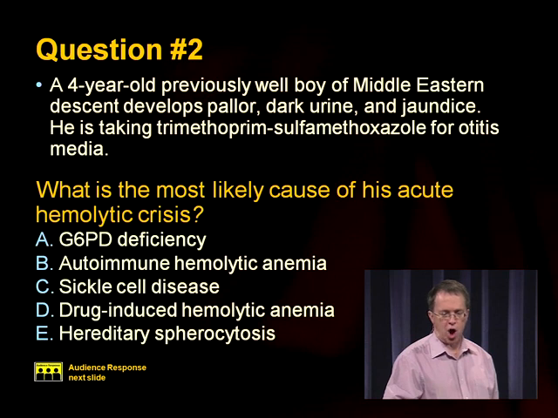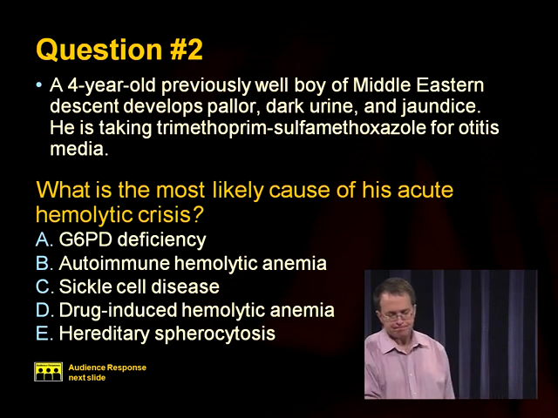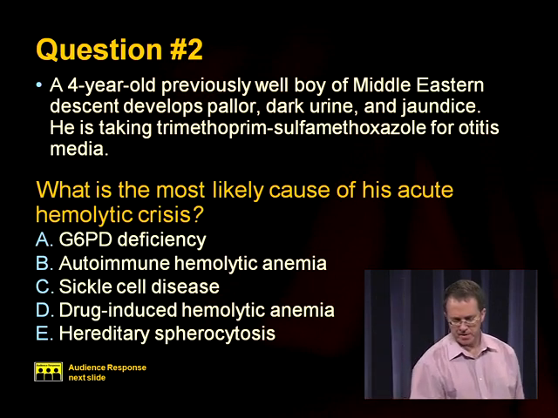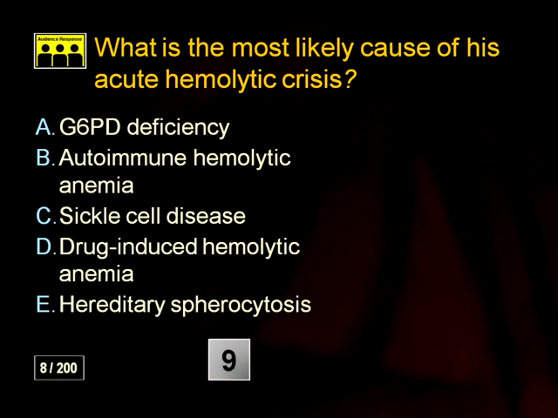So what's causing his acute hemolytic crisis? Does he have G6PD deficiency? Does he have autoimmune hemolytic anemia? Does he have sickle cell disease? Does he have drug-induced hemolytic anemia? Does he have hereditary spherocytosis? Okay. So go ahead and give me your responses.